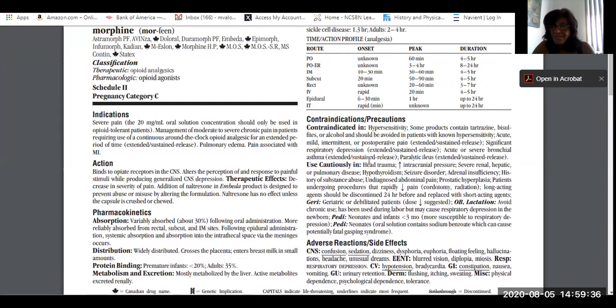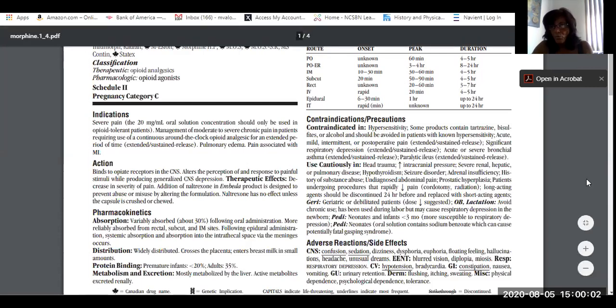Contraindicated for somebody with significant respiratory depression, bronchial asthma, paralytic ileus, head trauma, increased intracranial pressure. So the things that I talk about are the things out of the drug book that you need to know. You don't need to write all of that. You won't remember all of that, but you should be able to remember those specific things, okay?